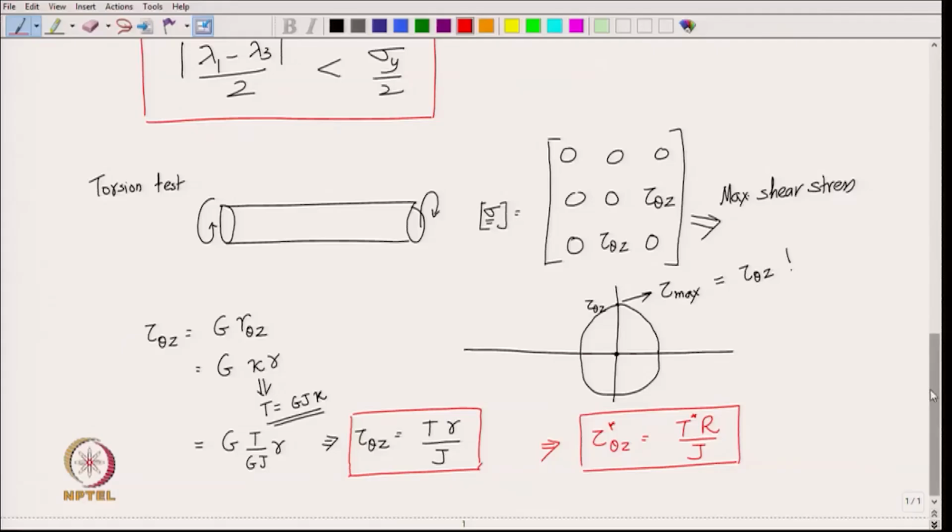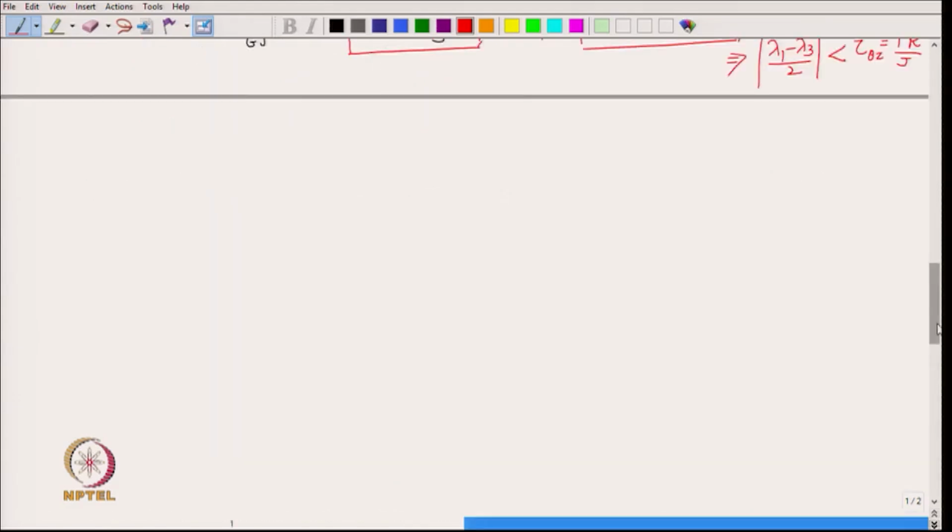And you have to then say that lambda 1 minus lambda 3 by 2 at any point in the body should then be less than tau star theta z, which is actually T star into big R by J, all right. So, that is the maximum shear stress theory. Similarly, we can think of maximum normal strain theory and max shear strain theory. Let us now have a look at distortional energy theory.